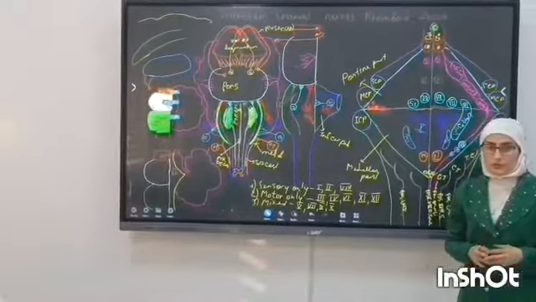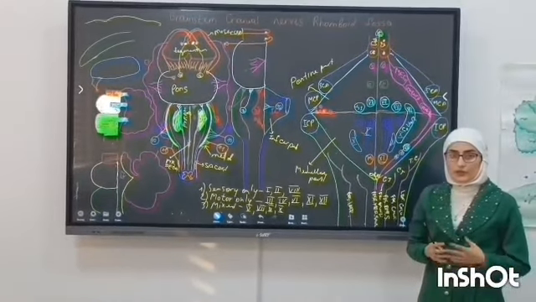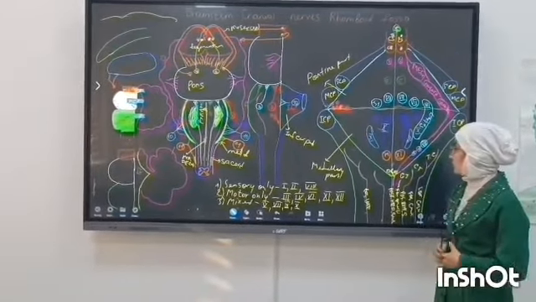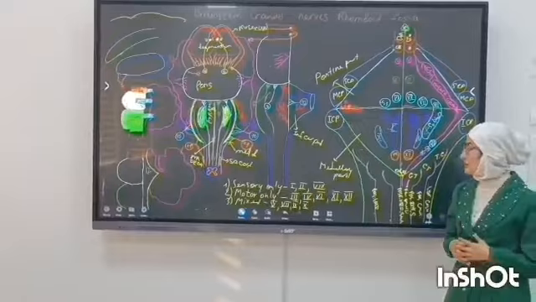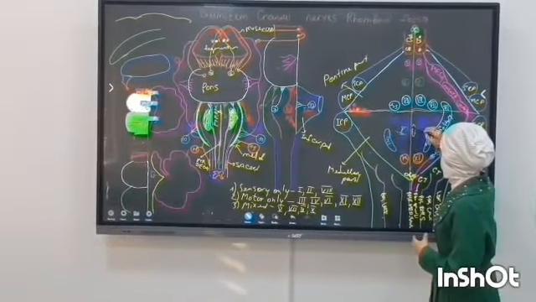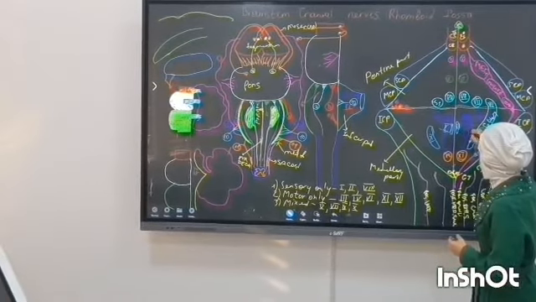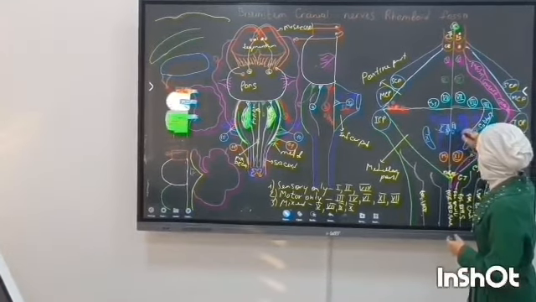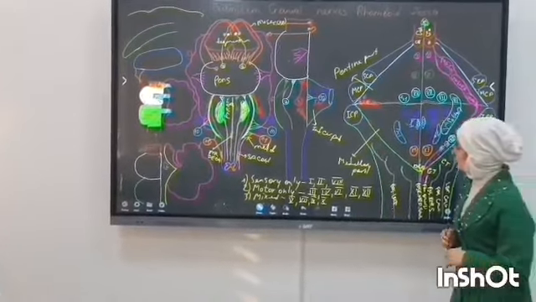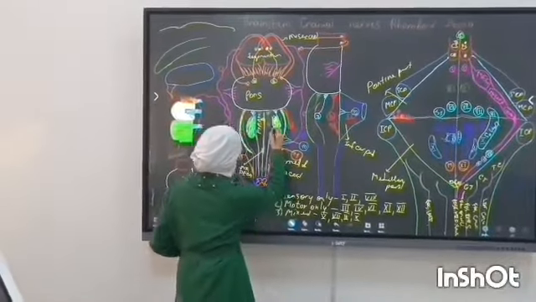Nervus hypoglossus is also considered a pure motor nerve, which is located in the medulla oblongata, in the nucleus of the hypoglossus. On the medulla oblongata, there is the nervus hypoglossus. The exit point is between the oliva and the pyramidus.